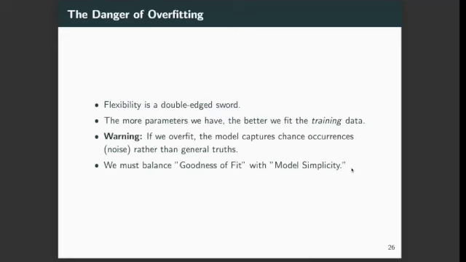Let me talk about this major warning, the danger of overfitting. Overfitting is when you try to fit the model as perfectly as you can.